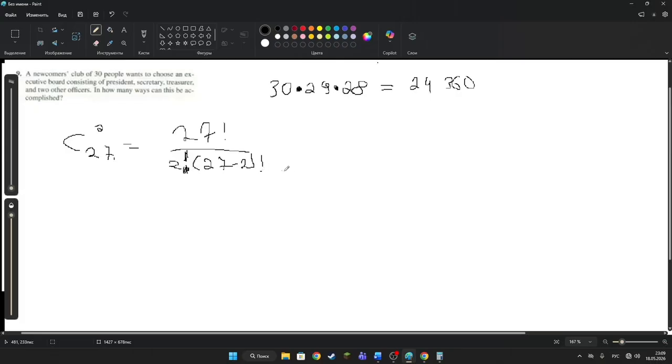If we calculate all of this, it's going to be 351. And for calculating all the situations from the first and second combinations, we must just multiply them.